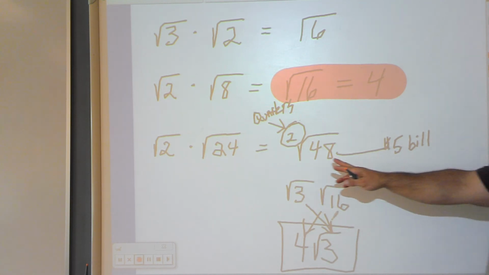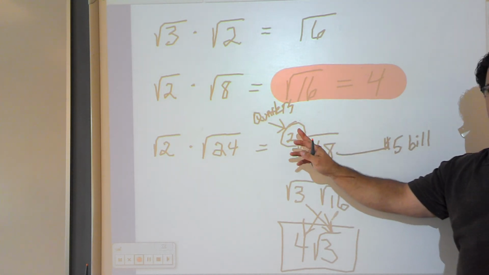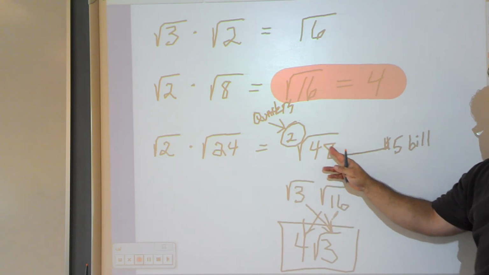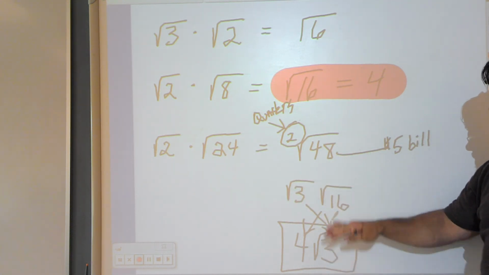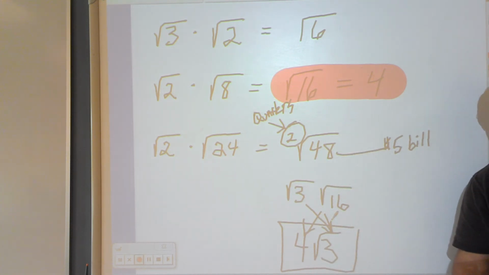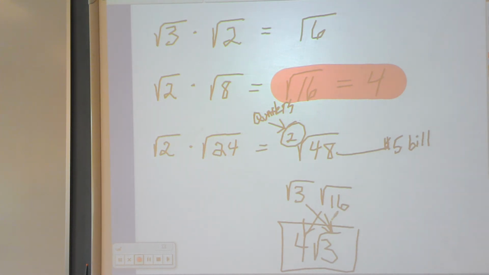And that's how you think in terms of the square. 48's nice, but 48's a $5 bill. You got to break it up. There's a perfect square in there. How do you know there's a perfect square in there? Because you know your perfect squares and you know your multiplication tables. And by now, by the time you get to college algebra, there's a couple of multiplication tables you should know.